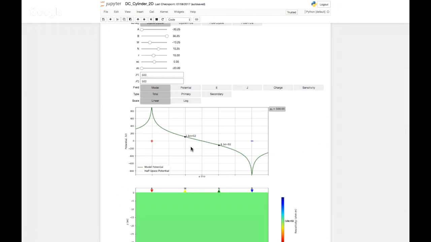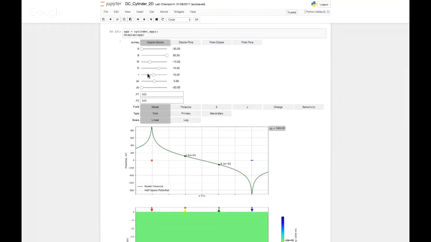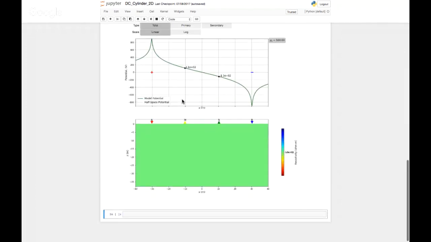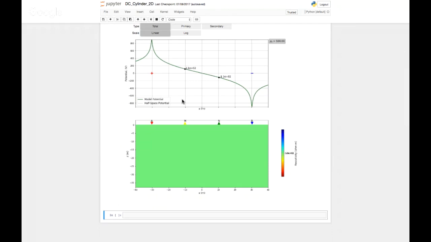8 meters. Okay, so we're going to make a tunnel of 8 meters, and then how deep do we want to bury it? 20. Okay, so that's where it is. Good. Here's the Earth model. We don't really see very much at this point because we don't have any resistivities.